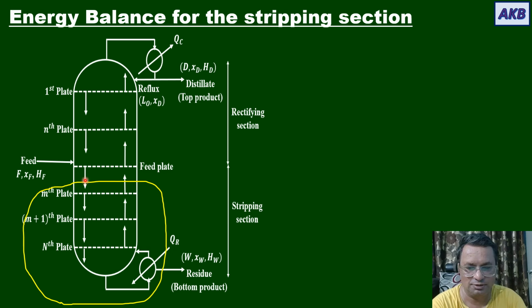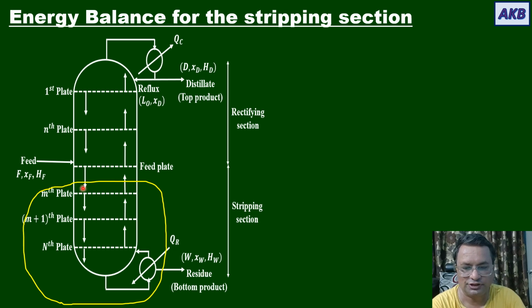So the feed stream enters on the feed plate, and now it will no longer be called feed, because the reflux stream that is coming from the nth plate will be added to it, so that the resulting stream goes into the stripping section. The residue comes out of the stripping section.